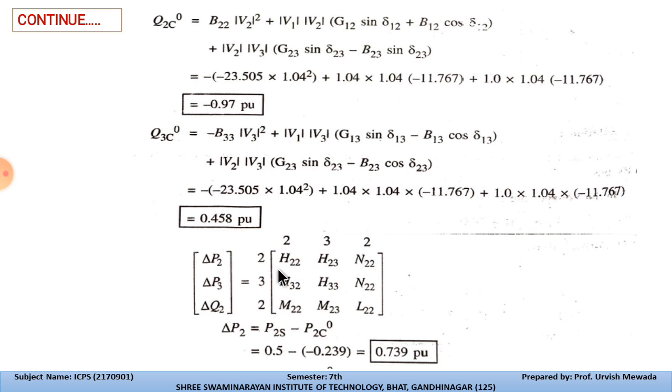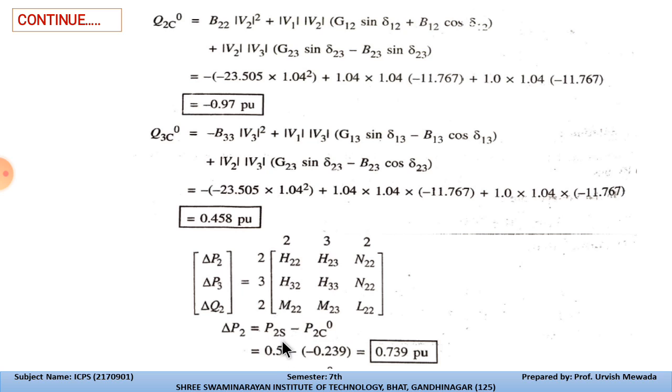For the third row, this will become h32 and h33, and corresponding to this line, n32, and for delta q2 it will be m22, m23, and l22. So these are the parameters that we use for the NR method. So delta p2 is equal to p2s minus p2c raised to 0.